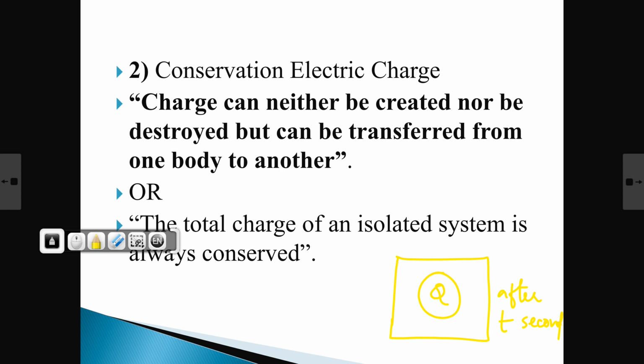Yes, it will be Q itself. Why? Because no charge is produced, no charge is destroyed, but the only thing that can be done is to transfer. In this case, there is no option to transfer the charge. So, there will be no change in the charge. The charge will be Q itself.